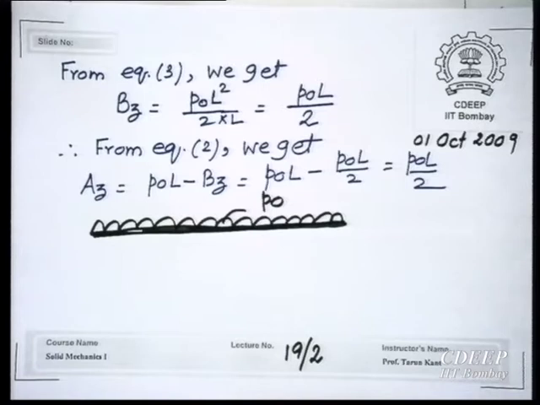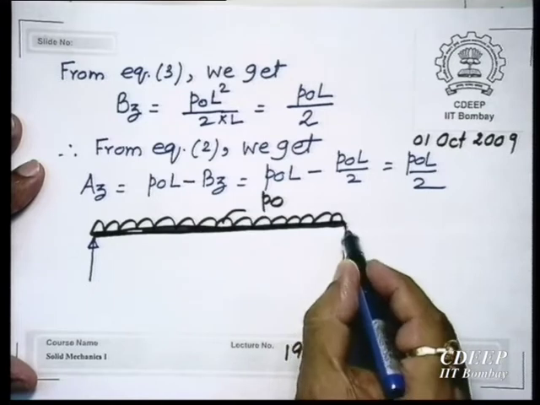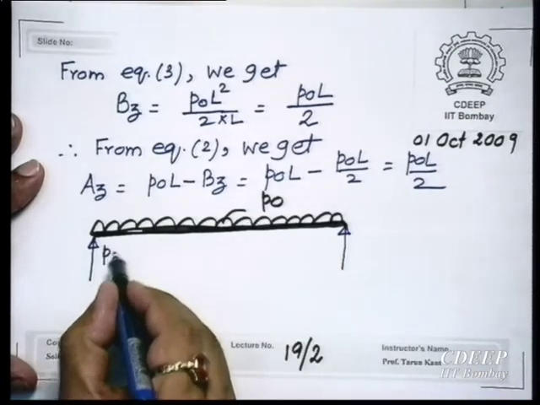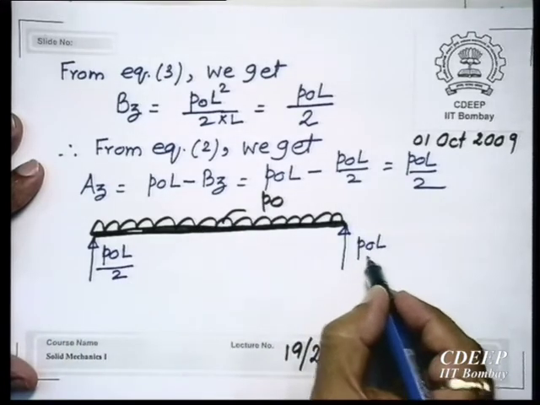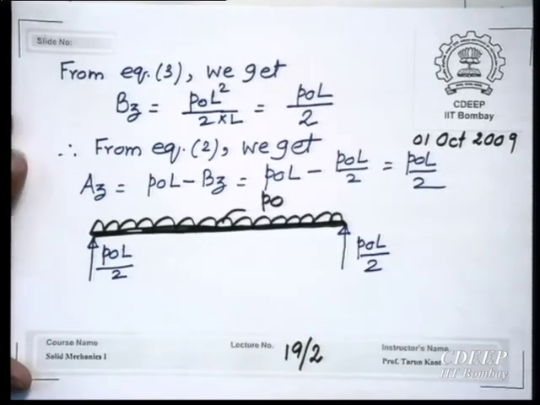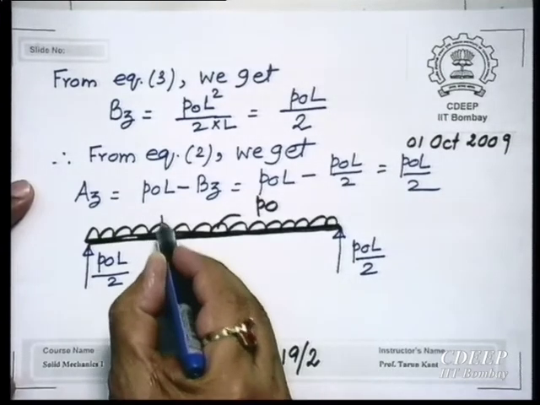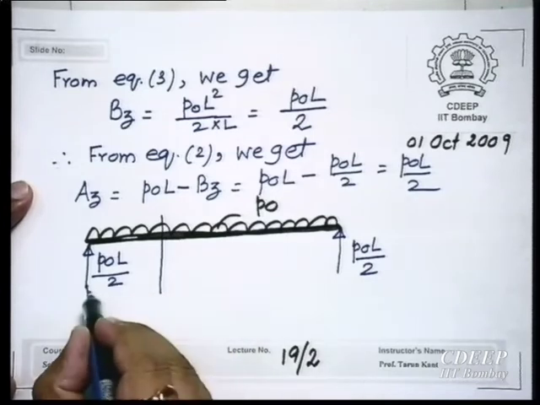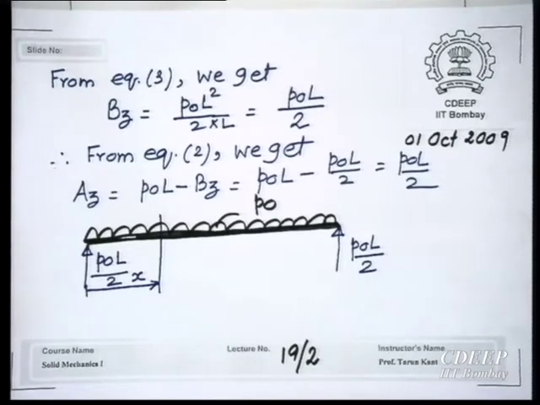The reactions are Ax equal to 0. So, this is the free body diagram, and you have got everything. Now, next, please find out the values. From the left hand, I would like to draw at a distance x a cross section and draw the free body diagram.